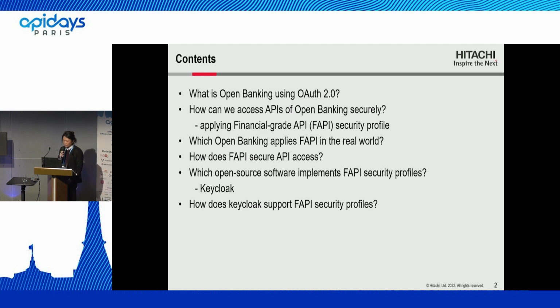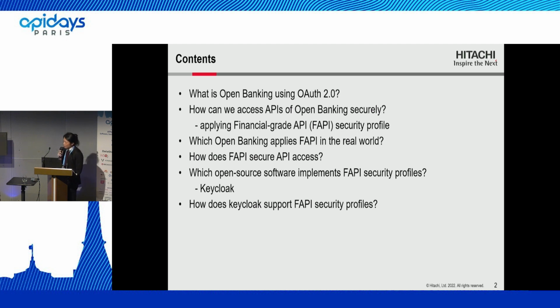Then I'd like to briefly describe how this FAPI security profile secures API access, namely describing the mechanism of securing API access by applying FAPI security profiles.